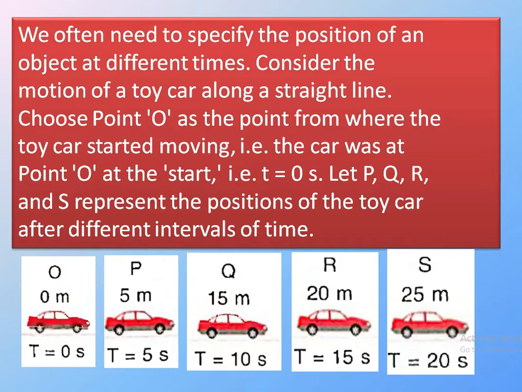At time 5 second, the position of the car is 5 meter from the origin. At time 10 second, it covers 15 meter, that is Q point. At time 15 second, it covers 20 meter distance, that is position R, and after time 20 second, it is at point S, that is 25 meter from the origin.